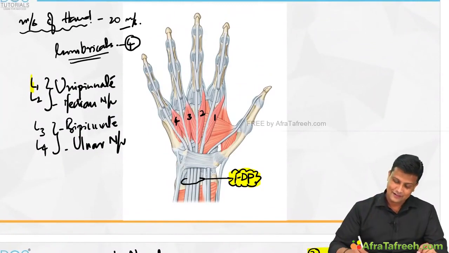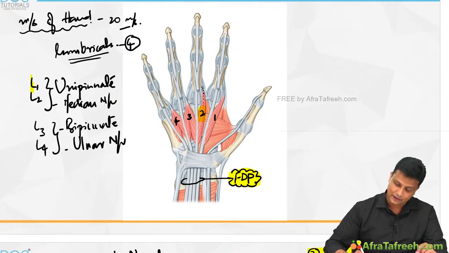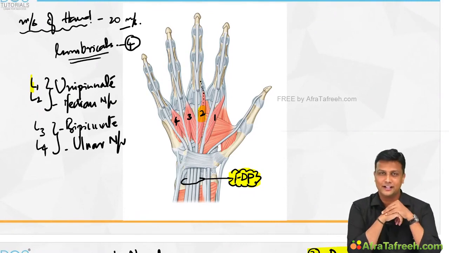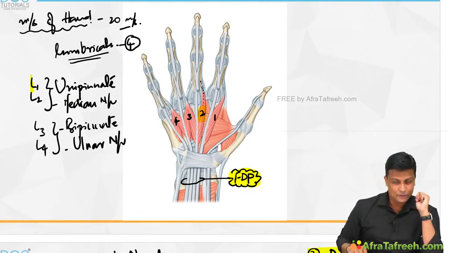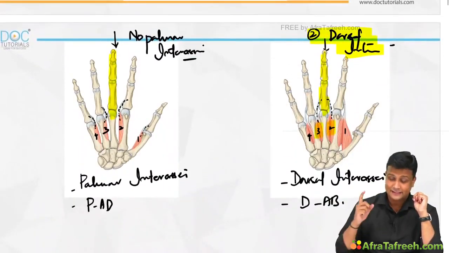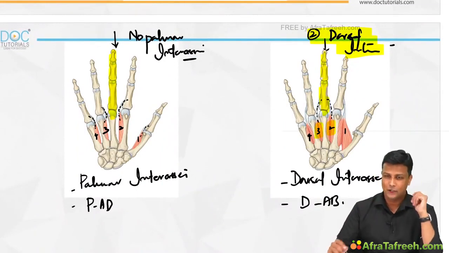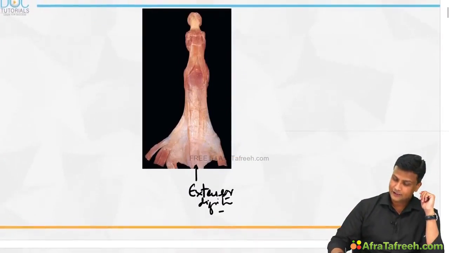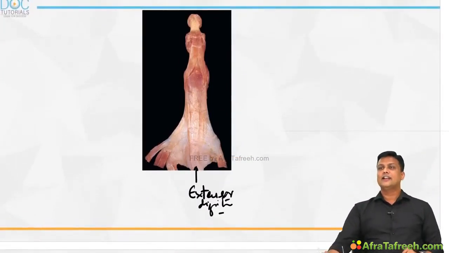Which lumbrical, guys? Can you see the second one here? If you follow the tendon of the second lumbrical, it goes back and inserts along with the extensor digitorum tendon, guys. So lumbrical number 2, and then the second and third dorsal interossei, but no palmar interossei. All of them are merging at the dorsal digital expansion. Okay, fine.